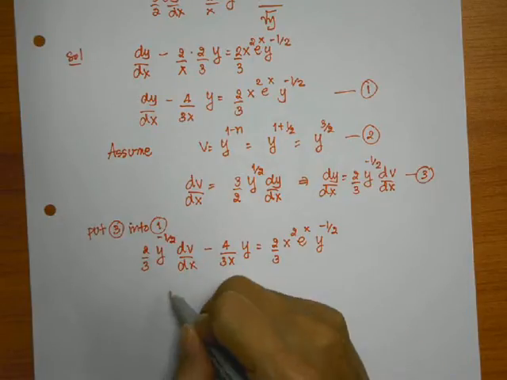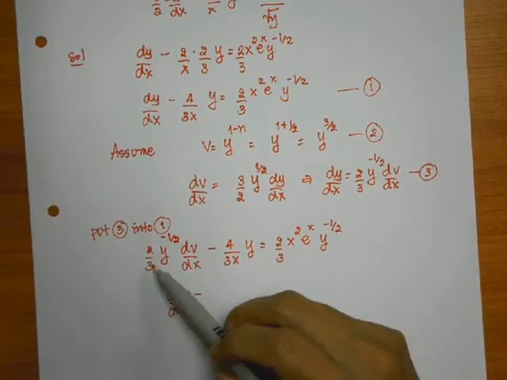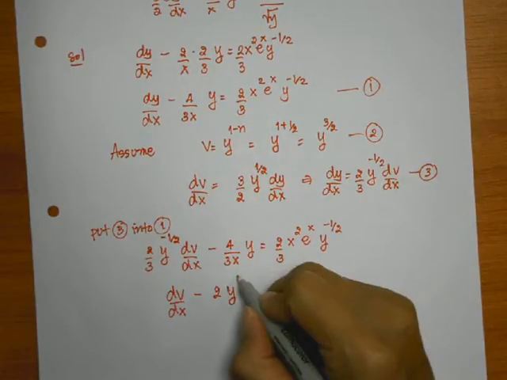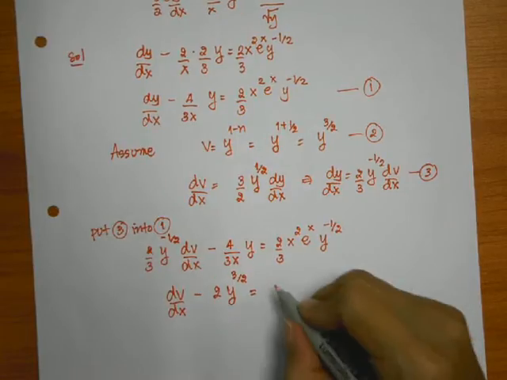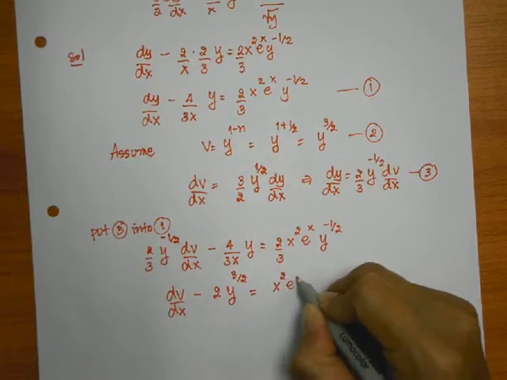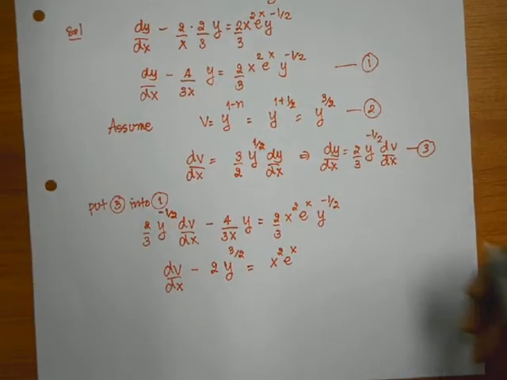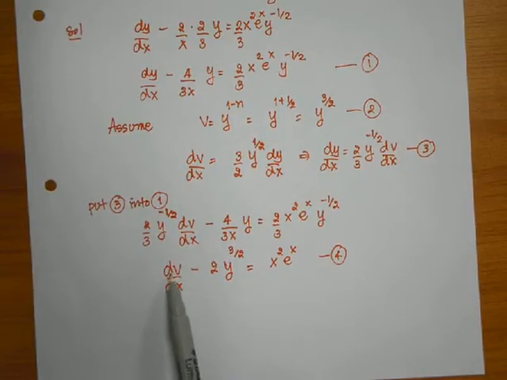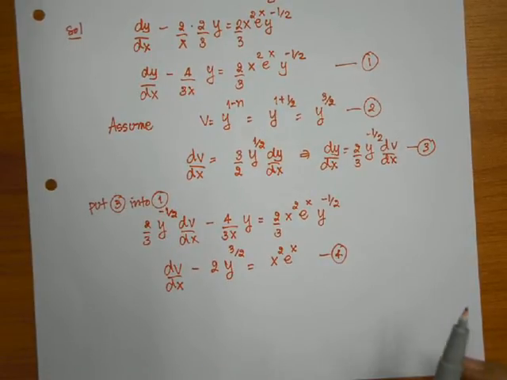So we would get dv/dx minus 2 over x times y to the power 3 over 2 equal to x squared exponential of x. This is then equation 4. When you look at equation 4, now we have dv/dx, and we have x as the independent variable.